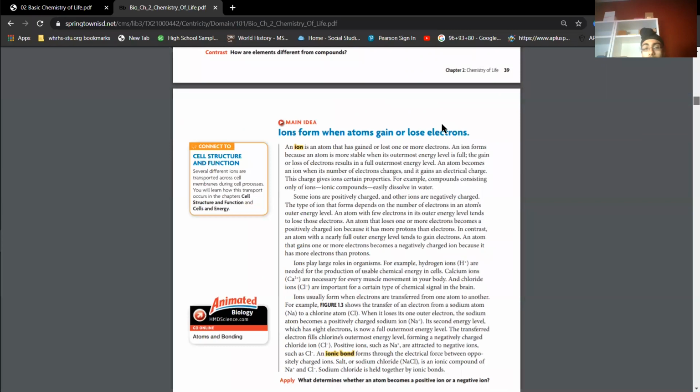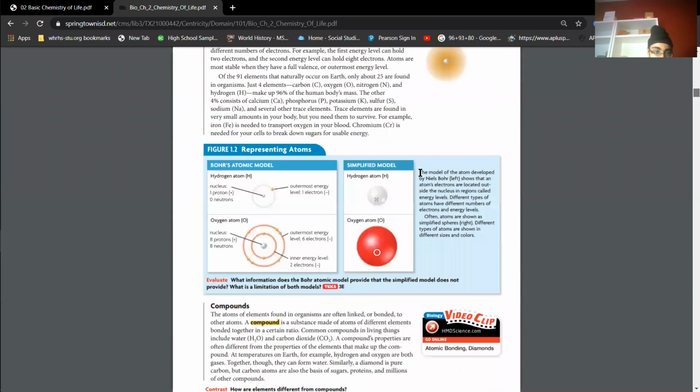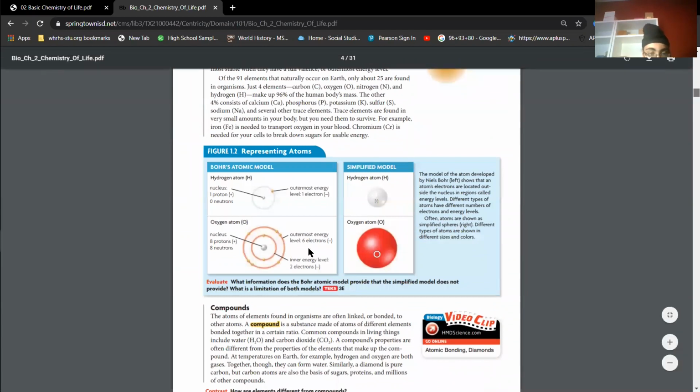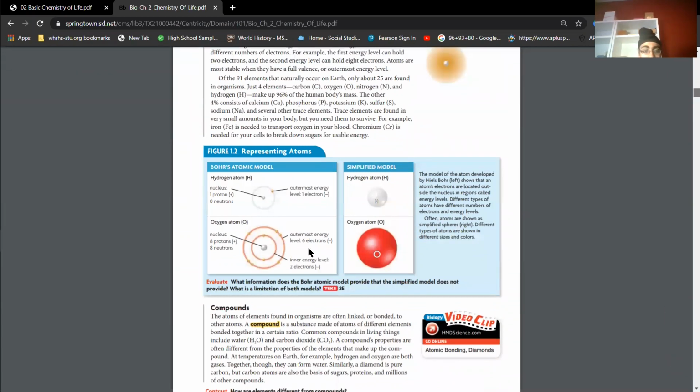So when you gain or lose electrons, it results in a full outermost energy level. I think we have to get into energy levels first. My bad. Energy levels pretty much are just the levels that contain electrons. If you look at this oxygen atom here, you can see that this inner energy level has 2 electrons, and this outermost energy level has 6 electrons.